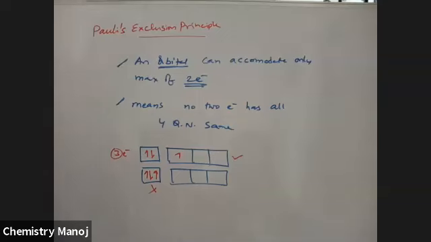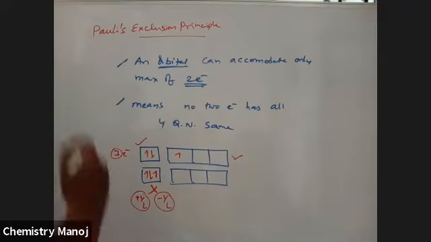All 3 electrons cannot exist at one place because a maximum of 2 electrons is possible, one having positive spin, another having negative spin. The third one, either with positive or negative spin, is not possible. This case does not exist. Only this case is possible. An orbital can have a maximum of 2 electrons. That is given by Pauli.